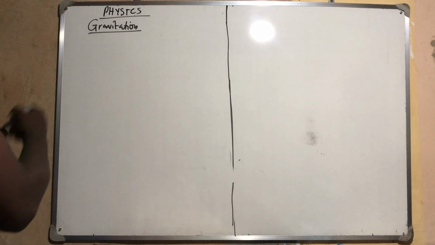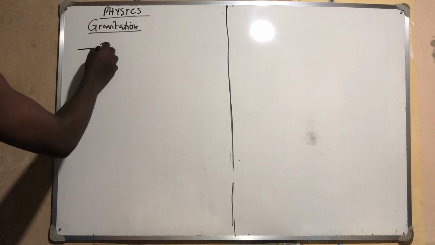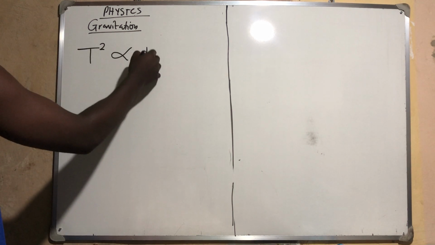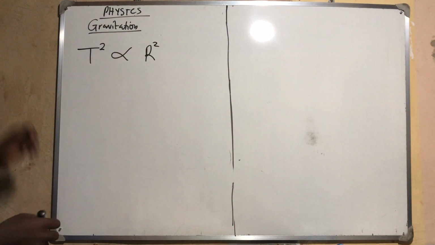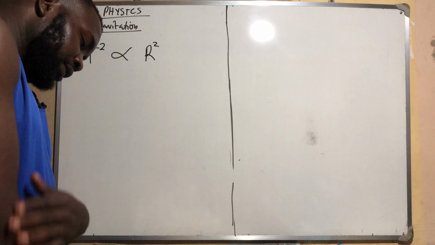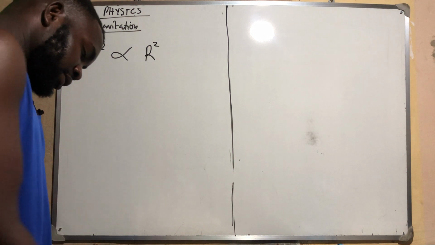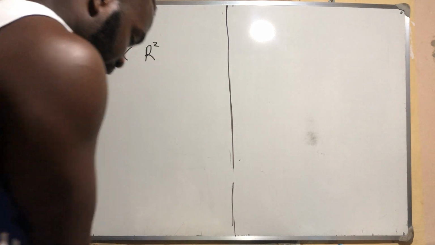That's the period, the square of the period is directly proportional to what? To the distance from the planet to the sun. Okay, so that is that.